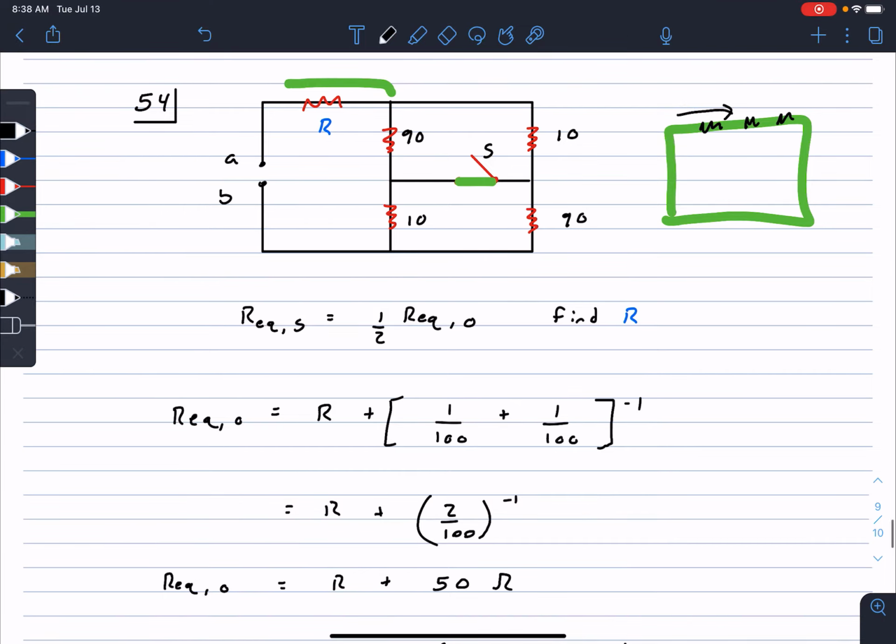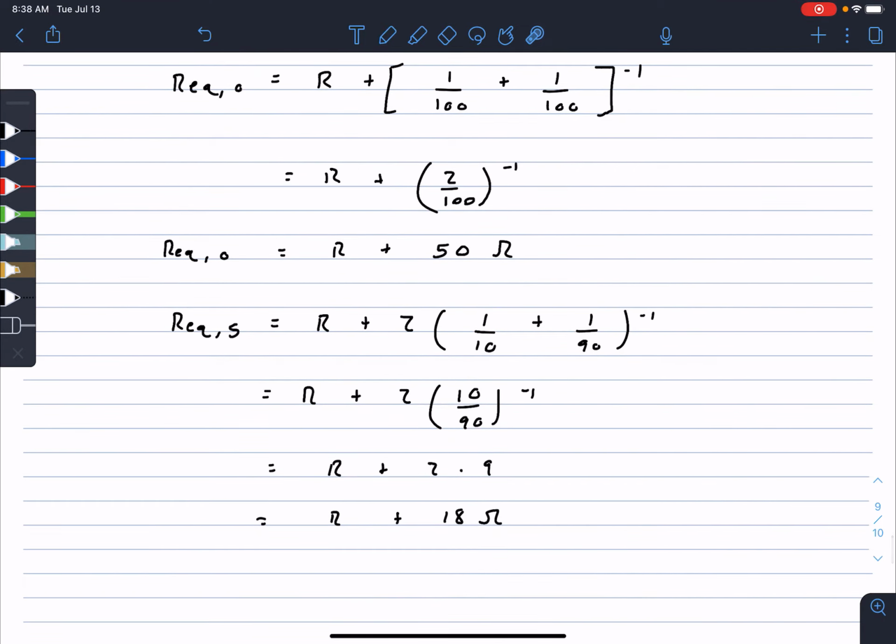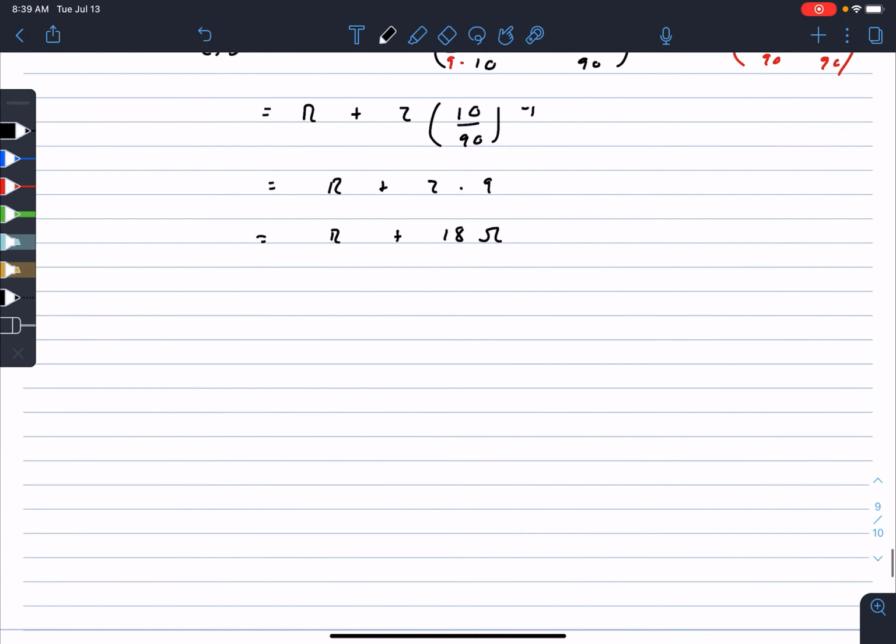For this one here, I ended up with 2 times 1 over 90 plus 9 over 90. So that's how I got 10 over 90, just to be explicit about what I'm doing.